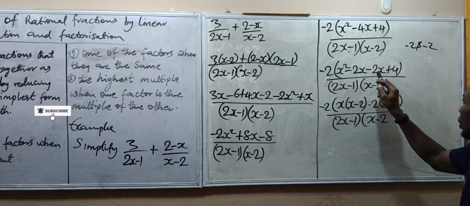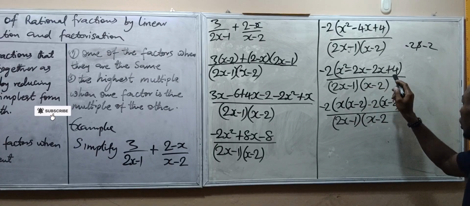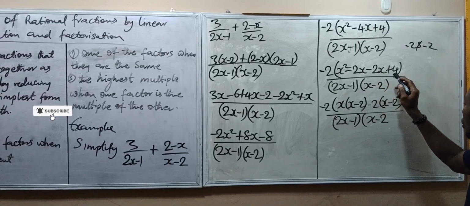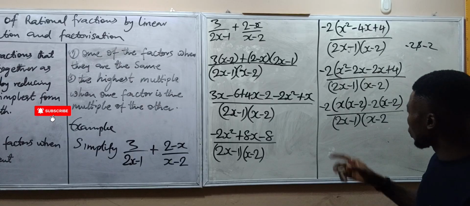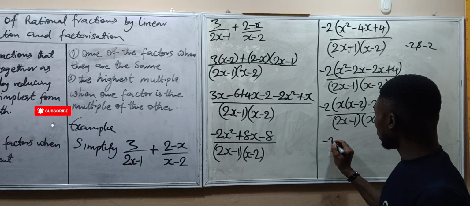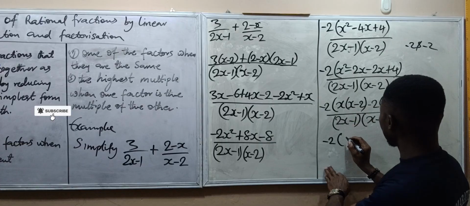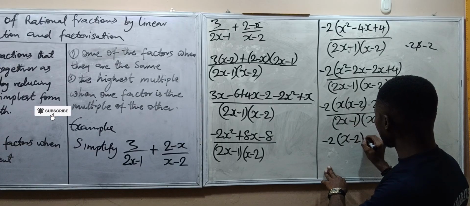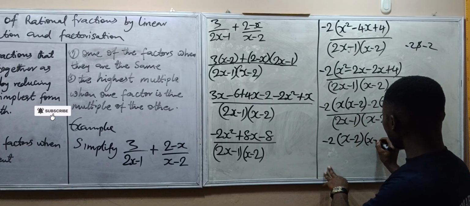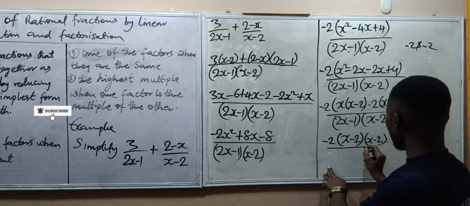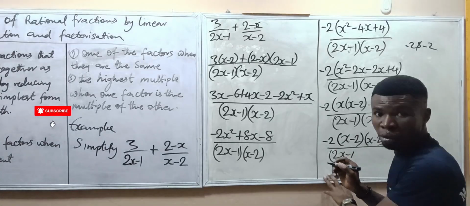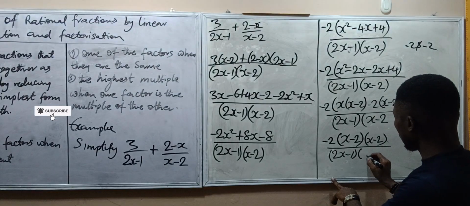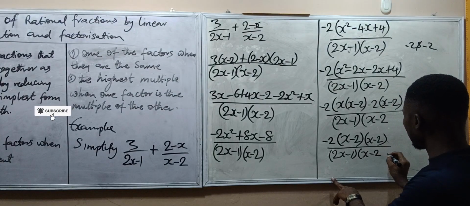And coming to this one, when we bring out minus 2, we'll be left with x and the minus 2. So that when this minus multiplies this minus, it gives us plus. So we now have minus 2 into x minus 2 and another x minus 2, all over 2x minus 1 into x minus 2.